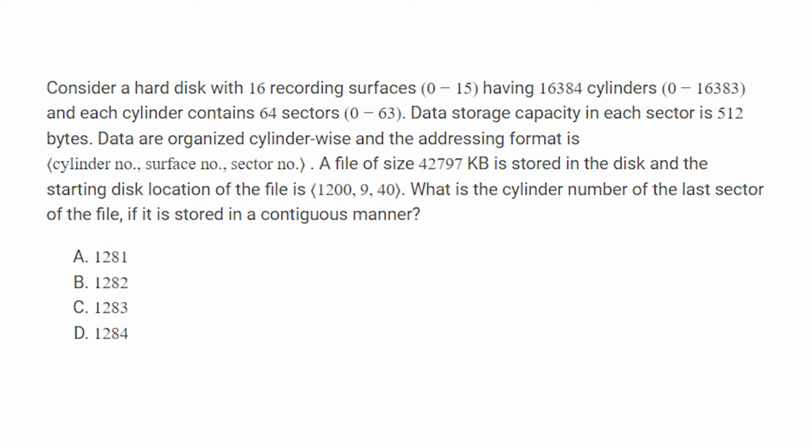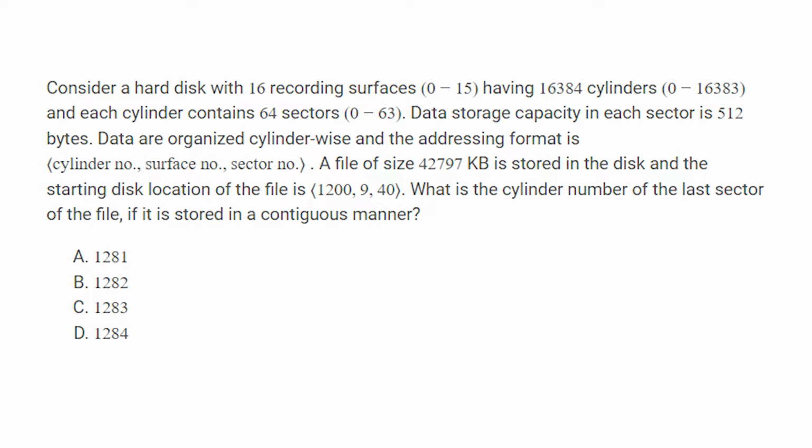Consider a disk with 16 recording surfaces numbered from 0 to 15, having 16,384 cylinders from 0 to 16383, and each cylinder contains 64 sectors from 0 to 63. Data storage capacity in each sector is 512 bytes.